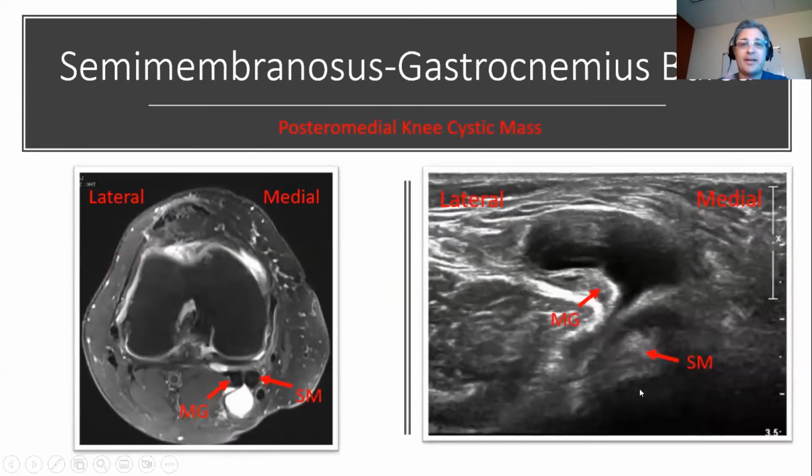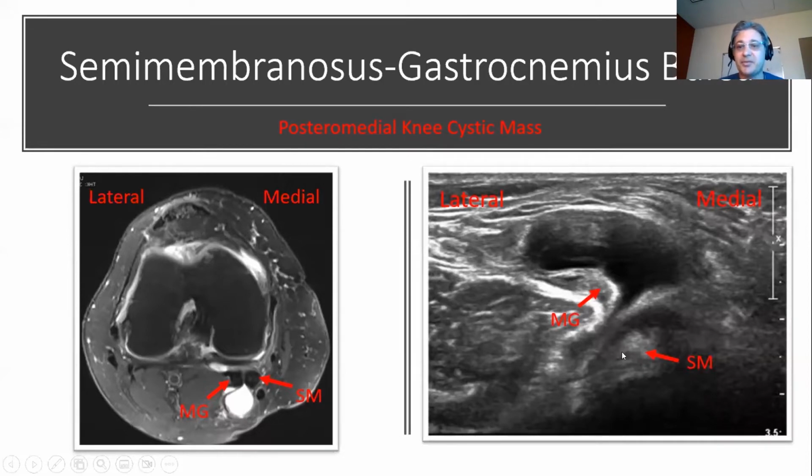And now we get a chance to look at what the Baker cyst appears like sonographically. Again, notice medial is here, lateral is here. These tendons, slightly more difficult to identify sonographically, but with a little bit of practice, you can, in most cases, identify the medial head of the gastrocnemius here and the semimembranosus here.